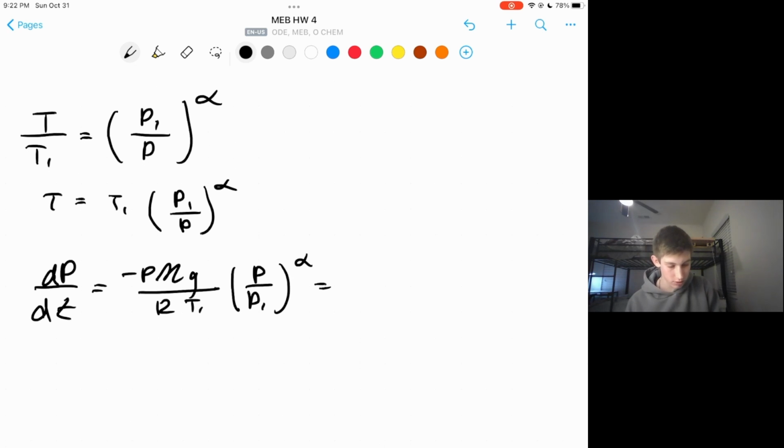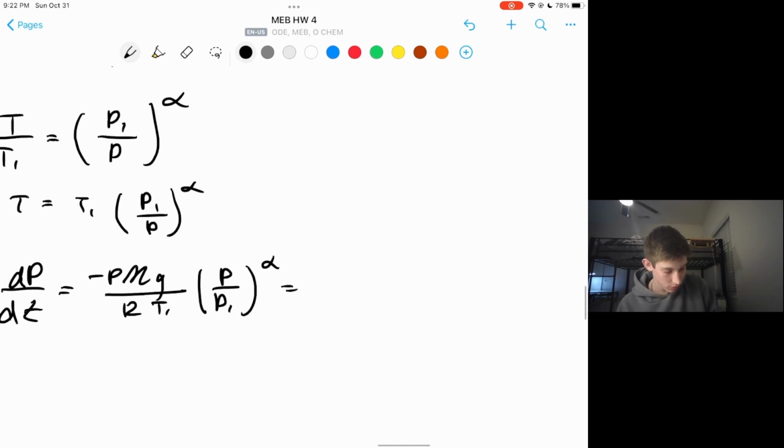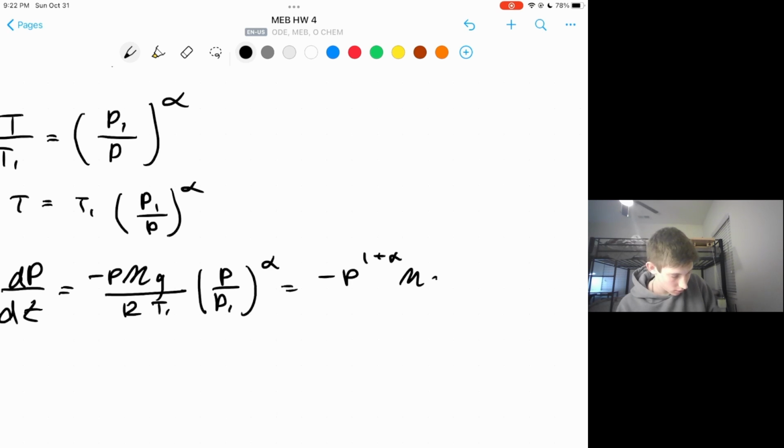And you notice that we have a P here and a P here, so we can combine those to be P to the 1 plus alpha, mg divided by R T1 P1 to the alpha.